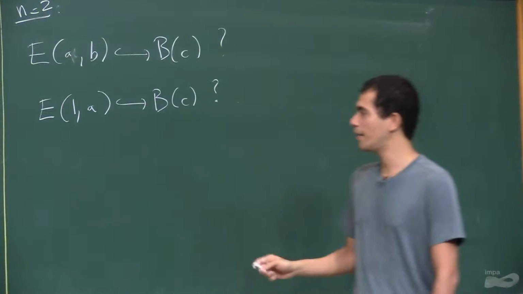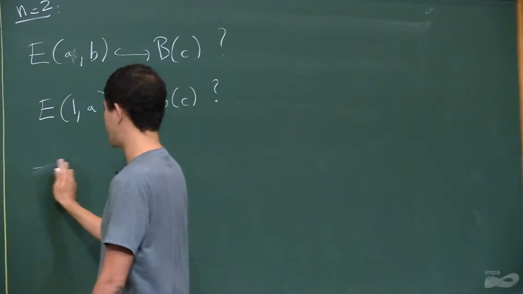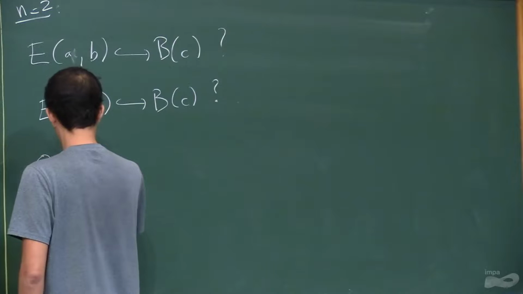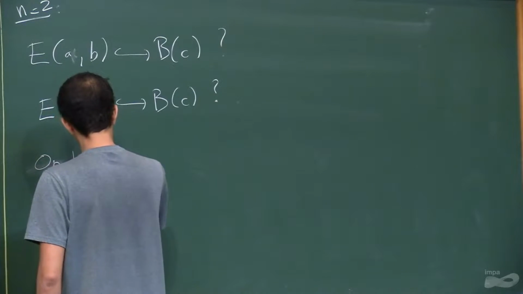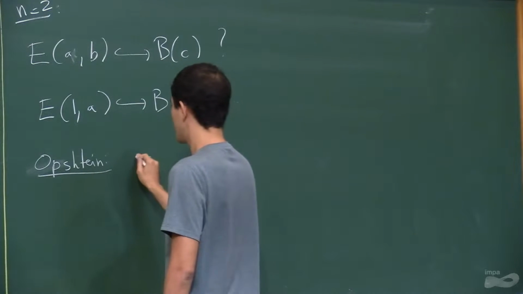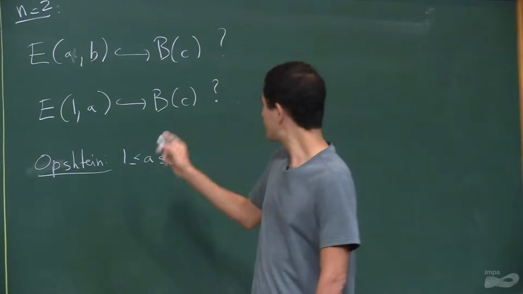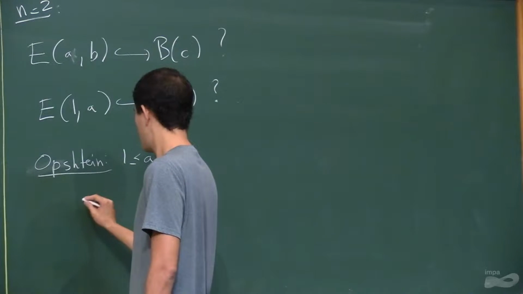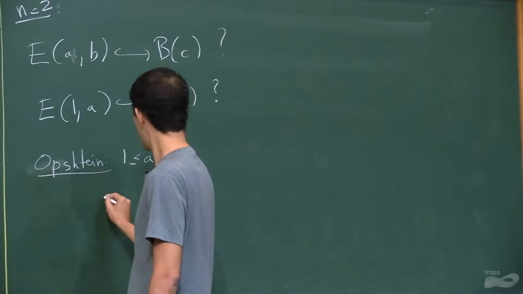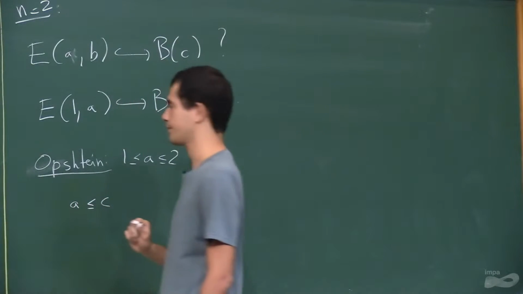Okay, a few things that one can find, and I think this is basic, this is due to Aubry-Mather. I think Aubry-Mather proved that if a is between 1 and 2, then the embedding exists if and only if c is greater than or equal to a.